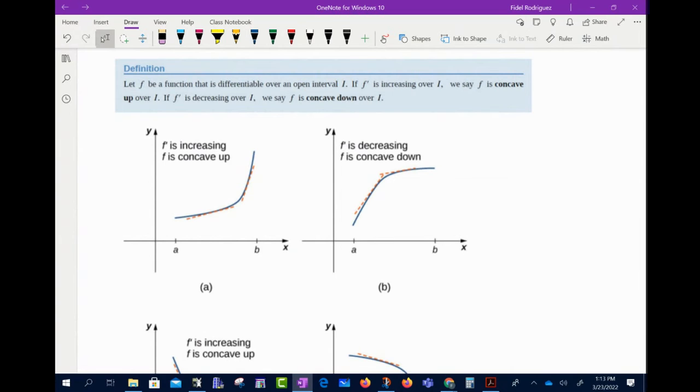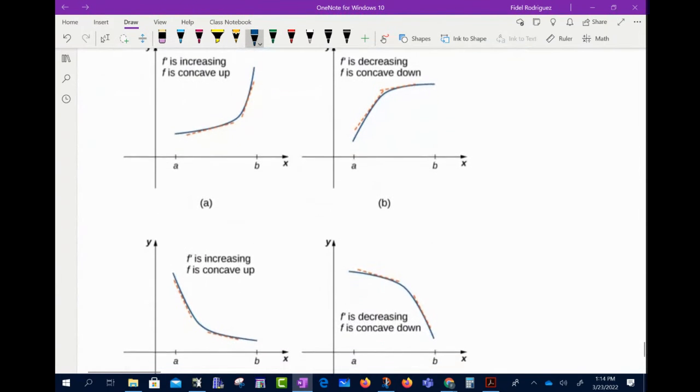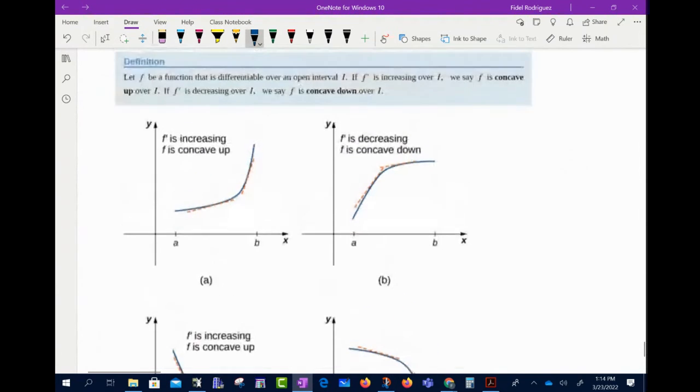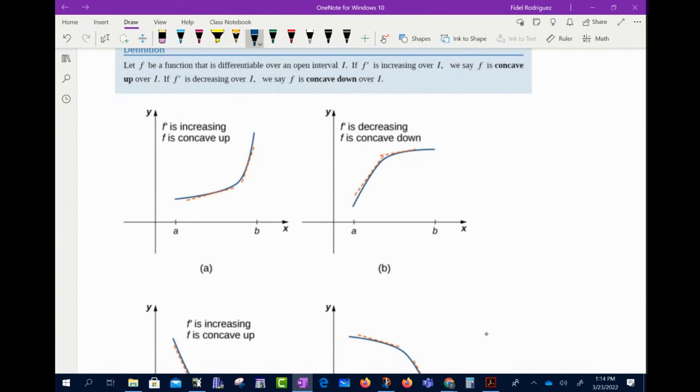So this is what concave up looks like. Concave up looks kind of like this. A lot of times, they do it like this. This is concave up, and this is concave down, right? So it's just the shape of it.